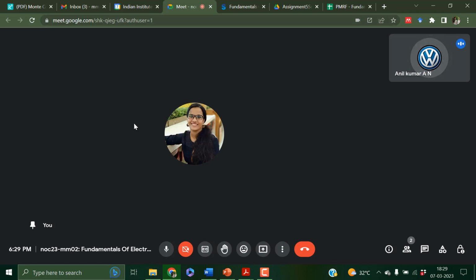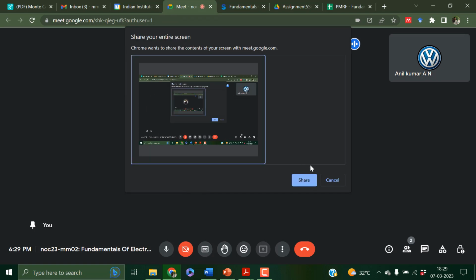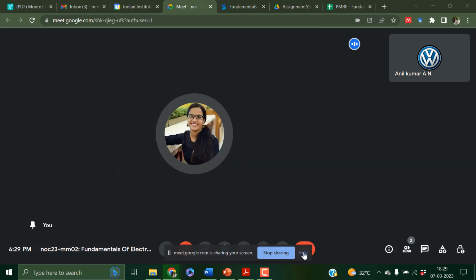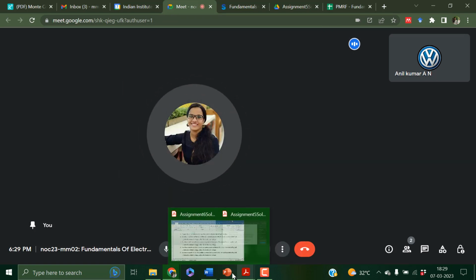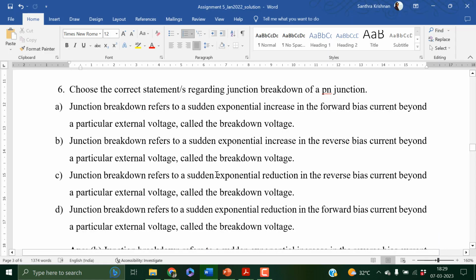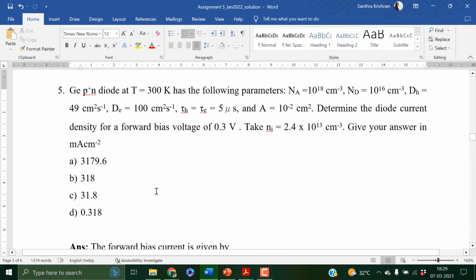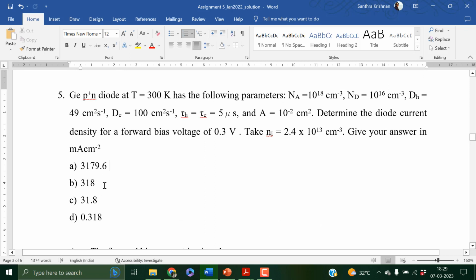Ma'am, 316.72. Somewhat 317, some small difference is there, but it is somewhat correct only. Is the screen visible now? So this was the answer. In the options, they have 3179.6. Some small difference is there somewhere.